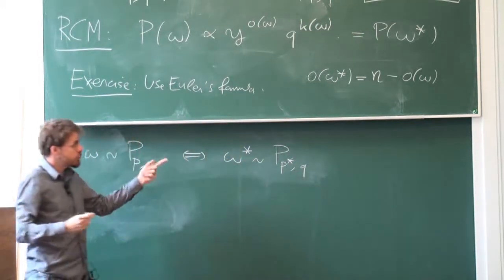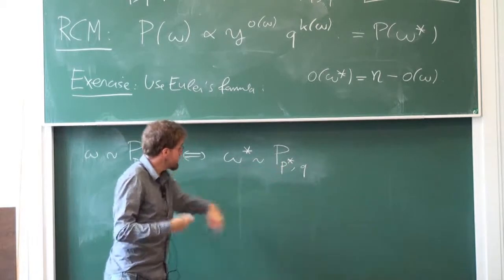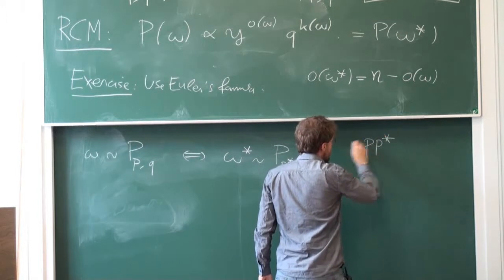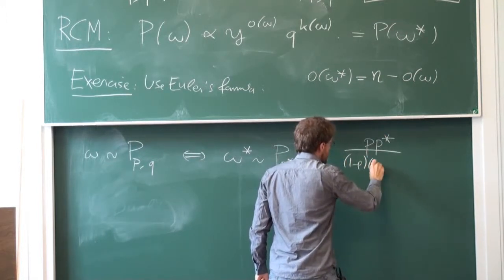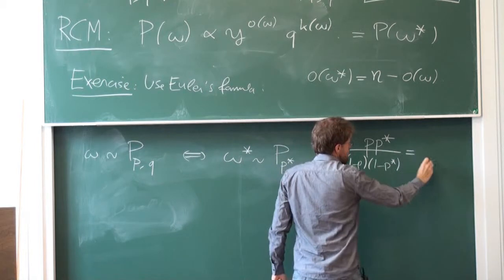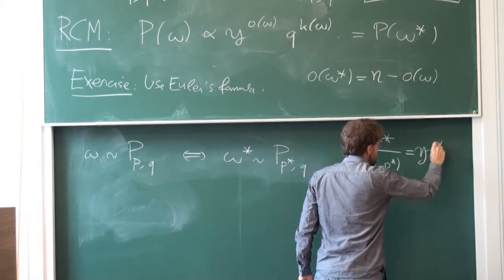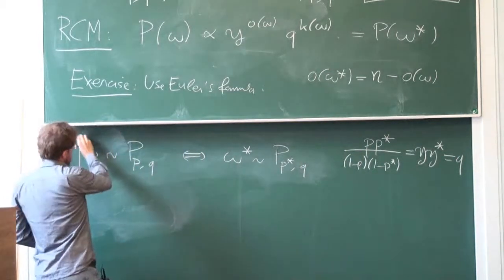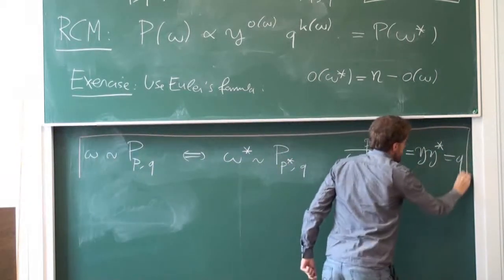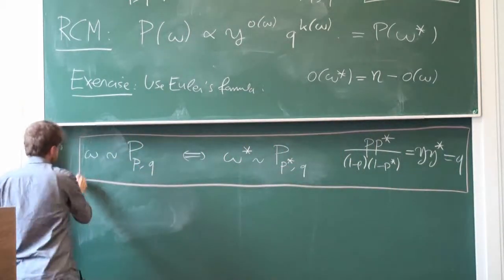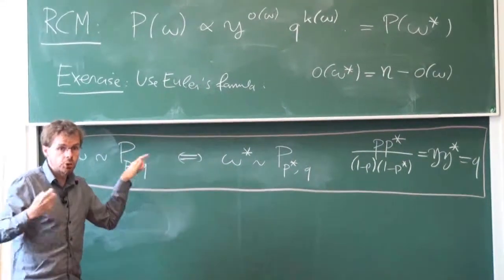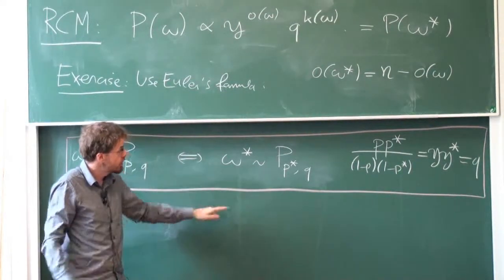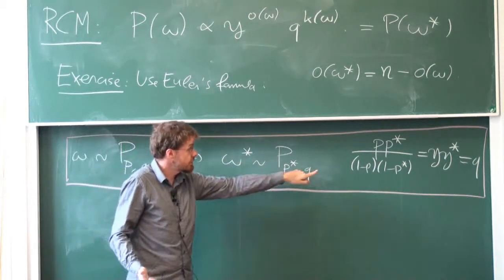It has the same parameter q, and p star is related to p by the formula p star over 1 minus p star, so this is y star, and this is equal to q over y. So that's the main relation. If you take a configuration according to the random cluster model, and you look at the dual configuration, this is again a realization of the random cluster model, but the parameter is different and is given by this simple relation.